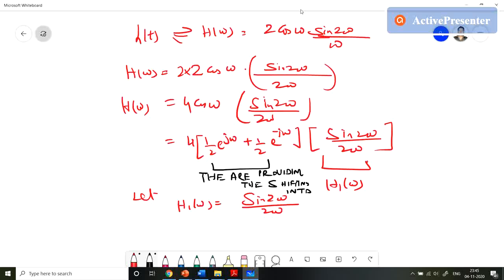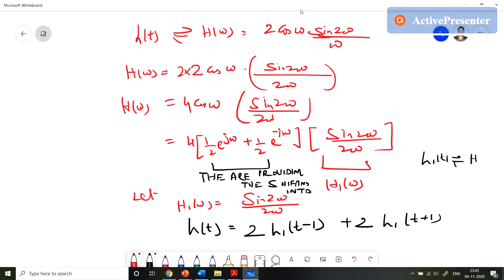So basically, if we find out h(t), it is simply 2 times h1(t minus 1) plus 2 times h1(t plus 1). And what is h1(t)? h1(t) is the inverse Fourier transform of H1(omega).